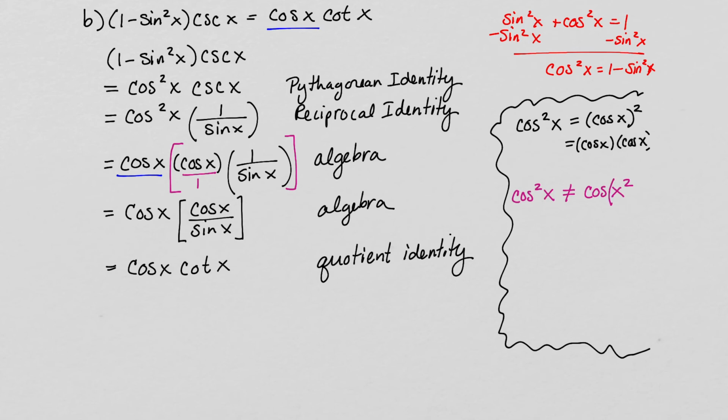So this is like saying the cosine of x squared. Those two things are not the same. So cosine squared x is the same as the quantity cosine x squared, which is the same as cosine x times cosine x. Does that make sense? No problem. Other questions?